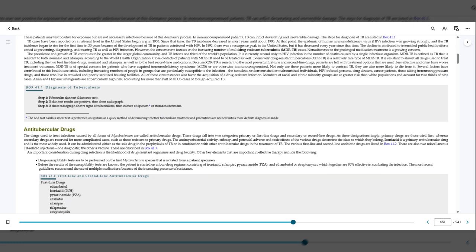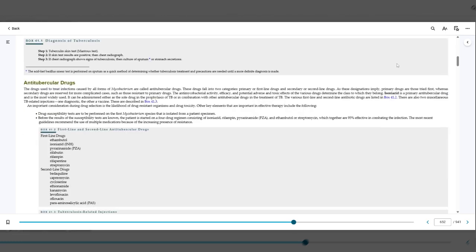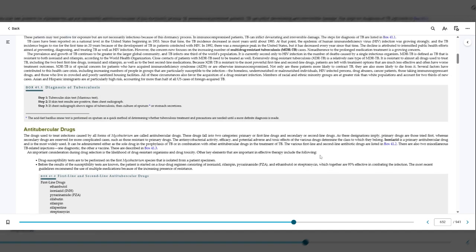So when we're looking at our anti-tubercular drugs, I want you to look at the outline, because on our outline we're looking at basically 4 drugs. Typically, because when we treat patients for tuberculosis, they become resistant to medications. It'll even say that up here.